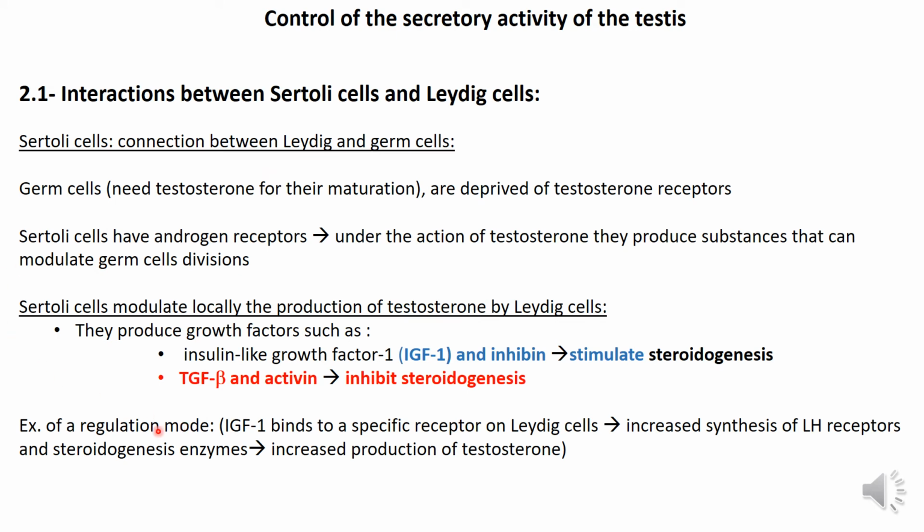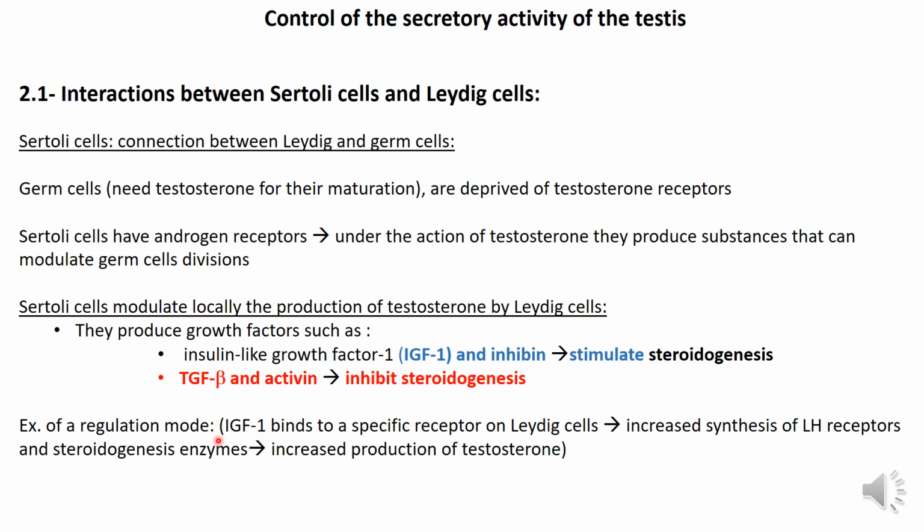And as an example of how those factors can modulate the production of testosterone by the Leydig cells, here we have the example of IGF-1, the insulin-like growth factor 1, which has receptors on the Leydig cells.